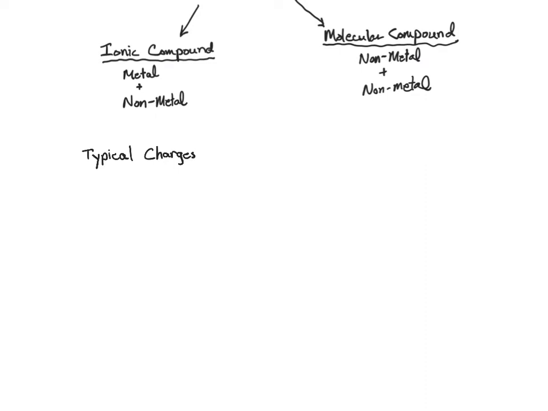Okay, and it's all based on group number. Okay, so everything in group 1 takes on a positive 1 charge. So that's things like sodium or lithium or potassium and so on. Group 2 will take on a plus 2 charge. So that's going to be things like calcium or magnesium.